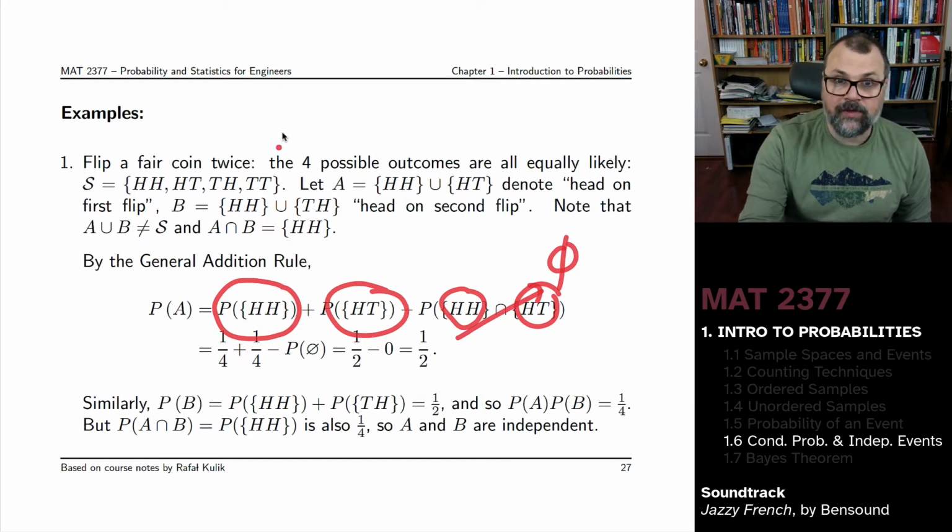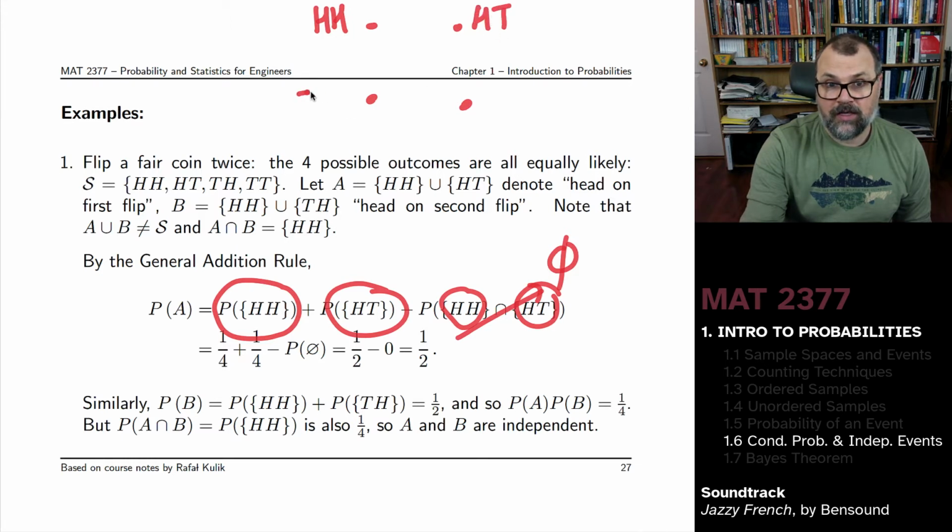Another way to put this, let's say that these were the 4 outcomes: head head, head tail, tail head, tail tail. We're looking at A as being the union of HH plus HT, and we're further subdividing that into two things.